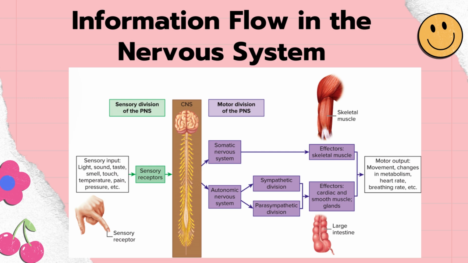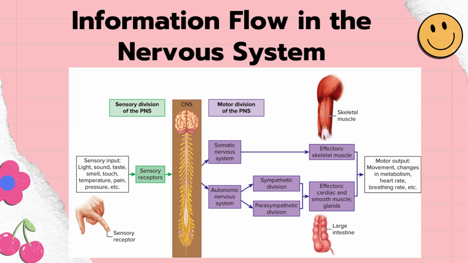The brain and spinal cord of the central nervous system process that information and make a decision as to what needs to happen to maintain homeostasis. The somatic nervous system carries that output that goes towards the skeletal muscles, and the autonomic nervous system carries that output dealing with cardiac, smooth muscles, and glands.